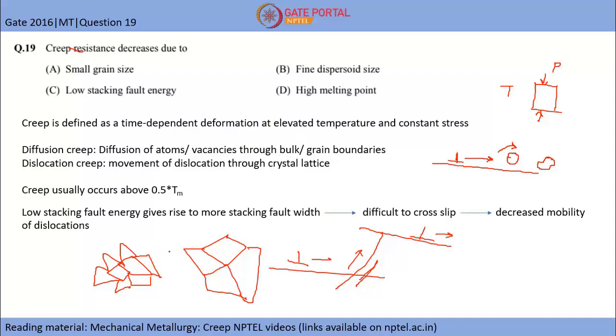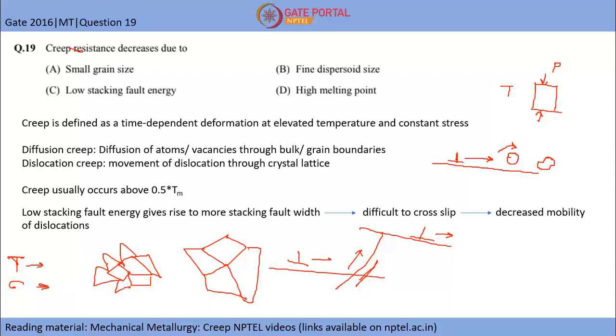So here you can see the grain boundary fraction is higher. Hence, at a particular temperature, if both conditions are the same, like temperature and stress are constant, atoms and vacancies can migrate easily through this large number of grain boundaries than this, because here the grain boundary fraction is less.